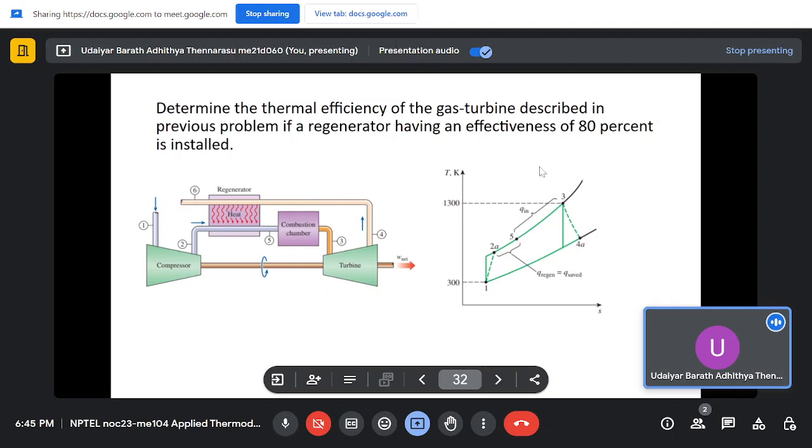So you see, I have shown the cycle in a TS diagram on the right. 1 to 2A is the actual process for compression. Then 2A to 5 is the heat provided with the regeneration. Then 5 to 3 is the heat input. And 3 to 4a is your turbine work, then 4a to 1 is the heat rejected.